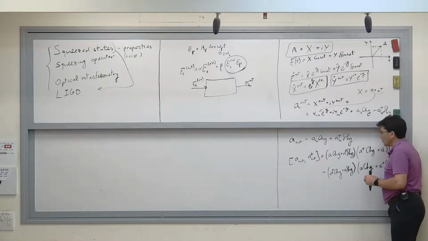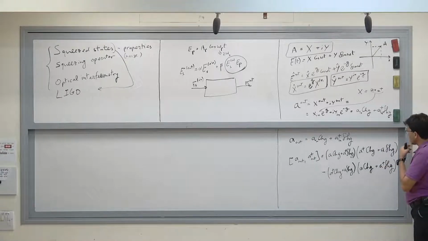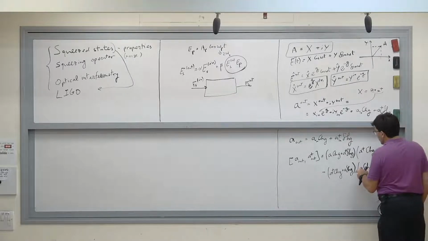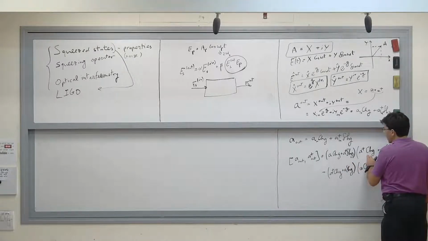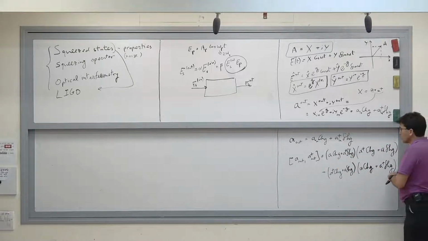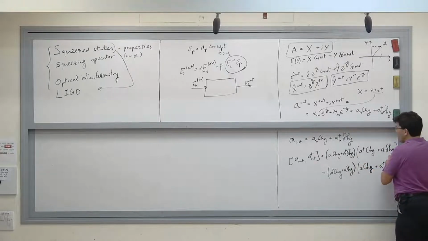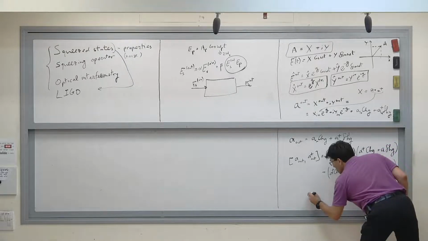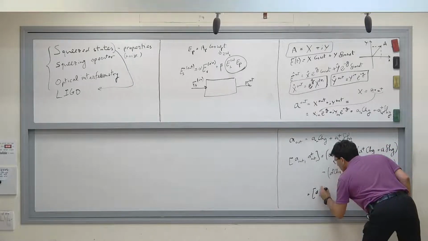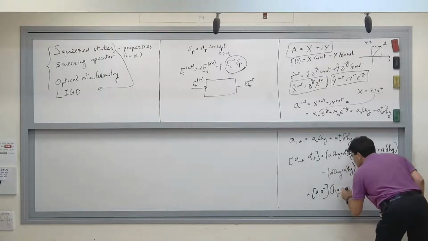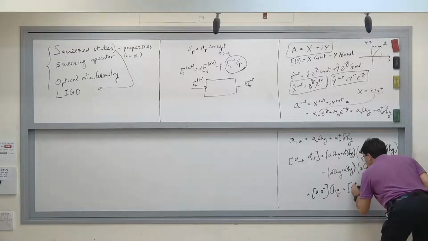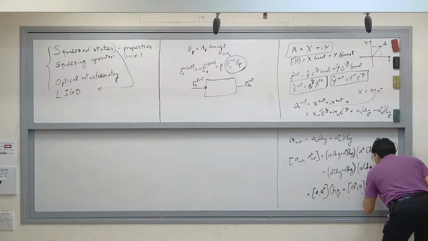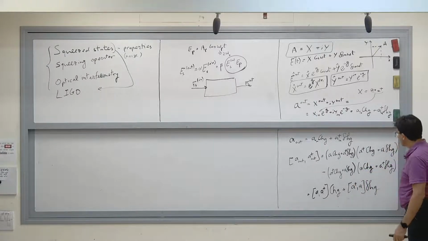You can very quickly see that what we have here is hyperbolic cosine squared times the commutator of a with a dagger, and hyperbolic sine squared multiplied by the commutator of a dagger and a. So this equals the commutator of a and a dagger times hyperbolic cosine squared plus the commutator of a dagger and a times hyperbolic sine squared.